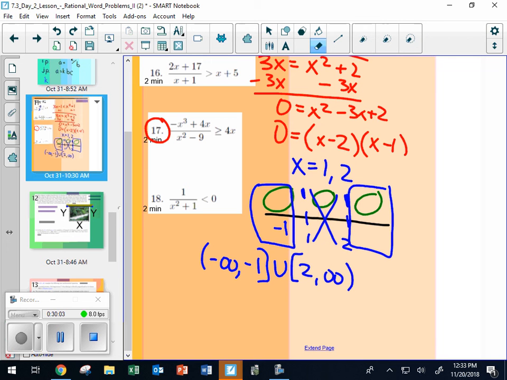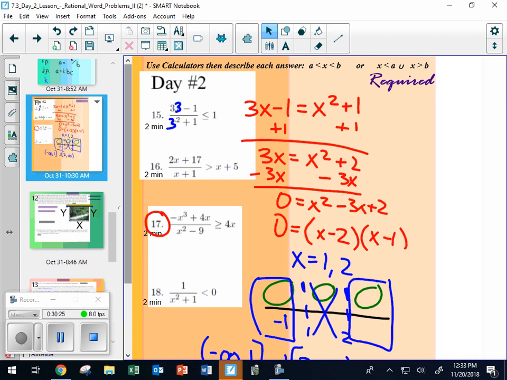Yes, good catch. So this is not a negative 1, this is a 1 right there. You are correct. I saw the negative 1 instead of the 1. Yes, that would be negative infinity to 1 because 1 is the zero, or the solution that we found there.